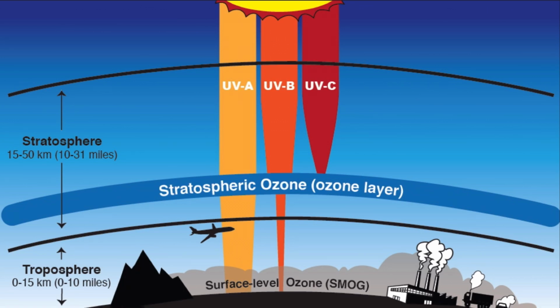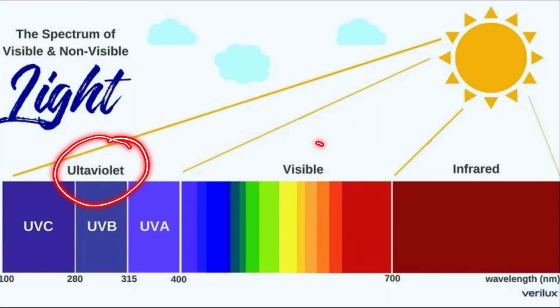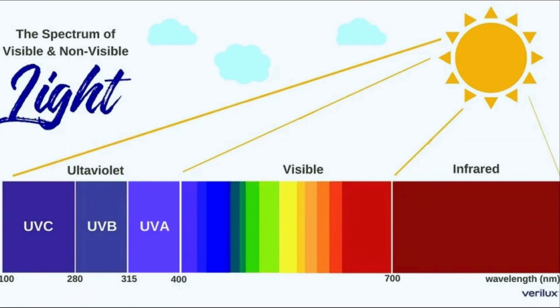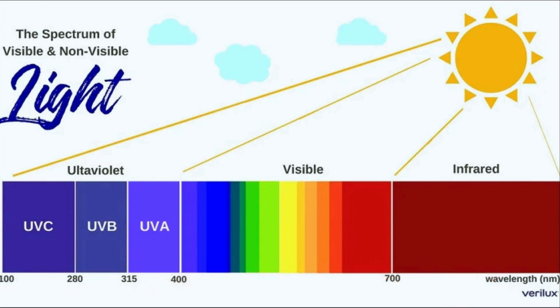Now we will see why the UV radiations coming from the sun are divided into UVA, UVB and UVC. We have drawn here the electromagnetic spectrum that contains radiations coming from the sun. Here is the ultraviolet region, this is the visible region and this is the infrared region. As we move from left to right, the energy of the radiations decreases.